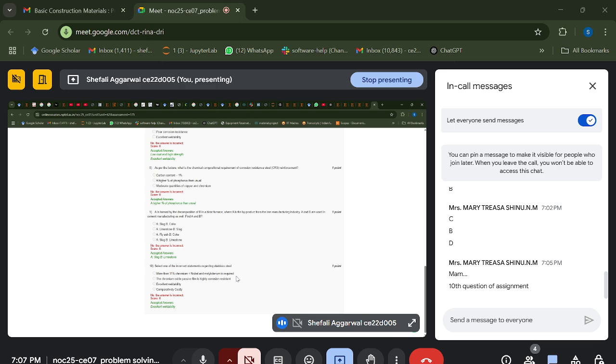Select one of the incorrect statements regarding stainless steel. What is your doubt in this question?